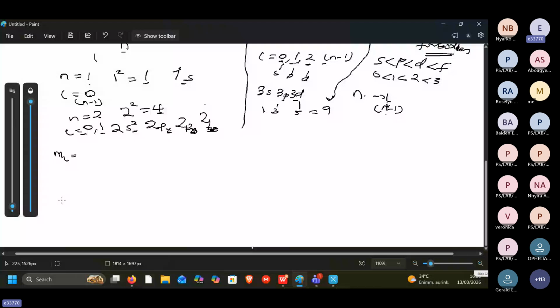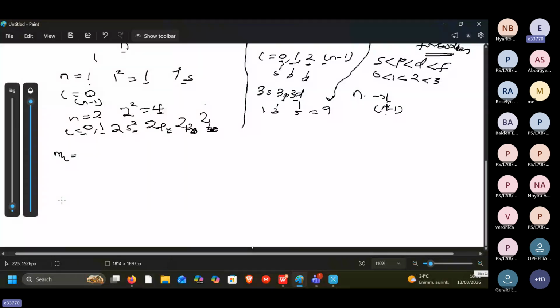Now, when we get to the ML, we can notice the number of electrons each orbital can be accommodating. So these numbers show how the individual orbitals can hold how many electrons.